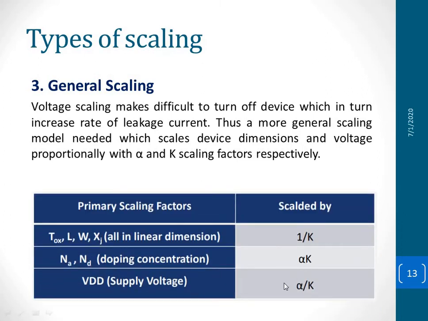So here you can see the gate oxide thickness TOX, length, width, and the junction depth, all linear dimensions, are scaled by 1 by K, and the doping concentrations Na and Nd are scaled by alpha into K, and the supply voltage by alpha by K. So this is more general.